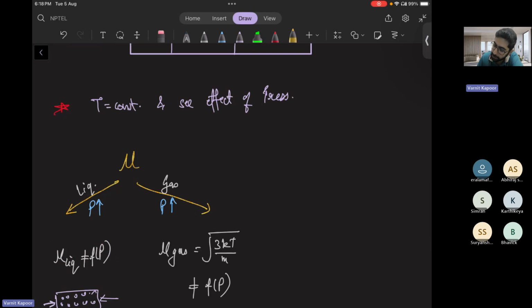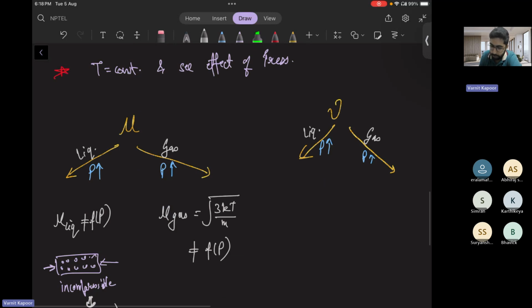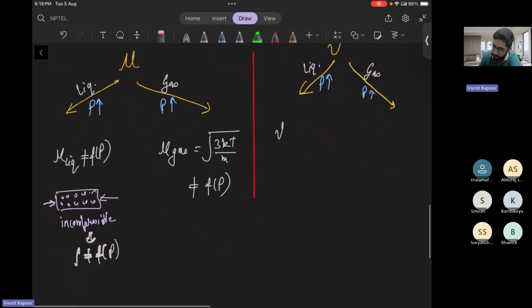Whereas for the kinematic viscosity of liquid as well as gas, if you increase the pressure, what will happen to the liquid? Nu of liquid is nothing but mu of liquid by density of liquid.